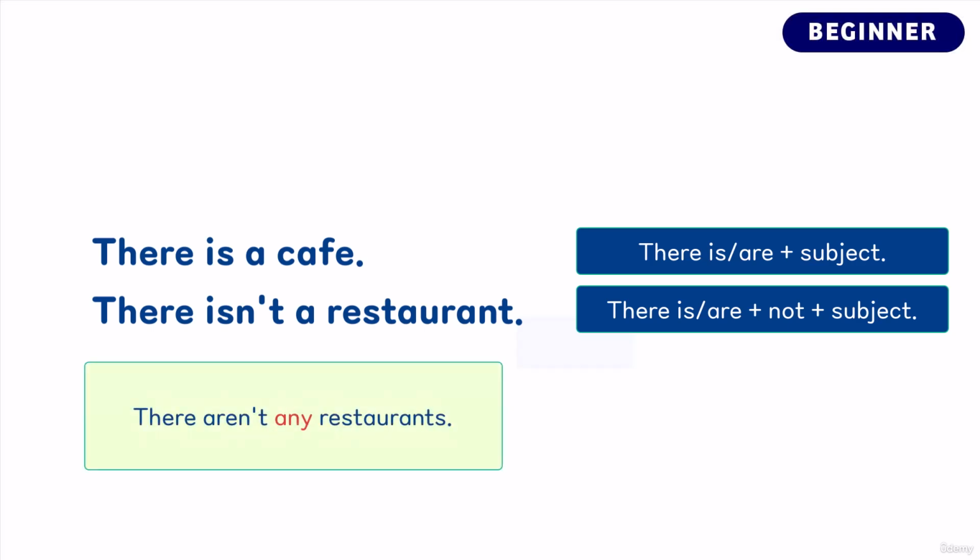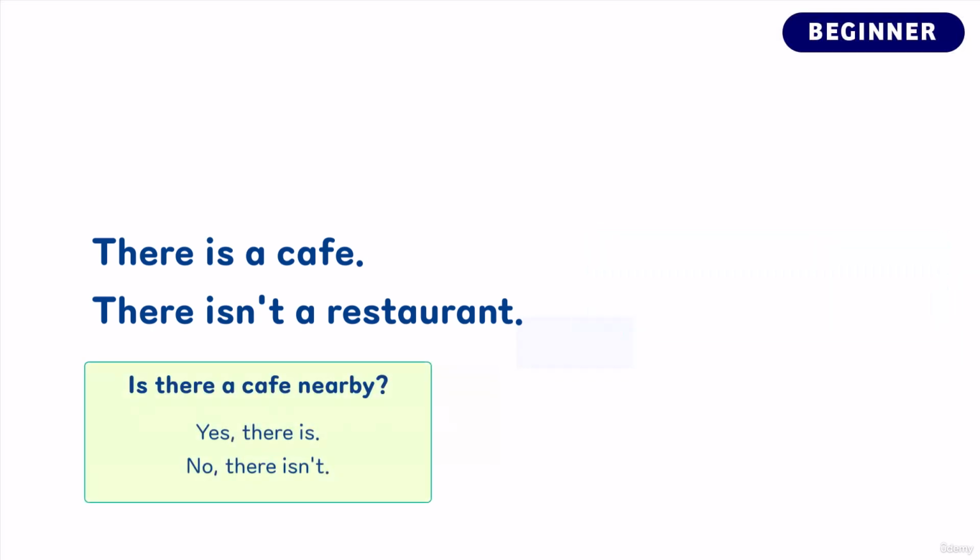Quite often, when we say there aren't plus a plural noun, we use the word any and say there aren't any restaurants. Lastly, when we answer questions like is there a cafe, we often drop the subject and just respond by saying yes there is or no there isn't.